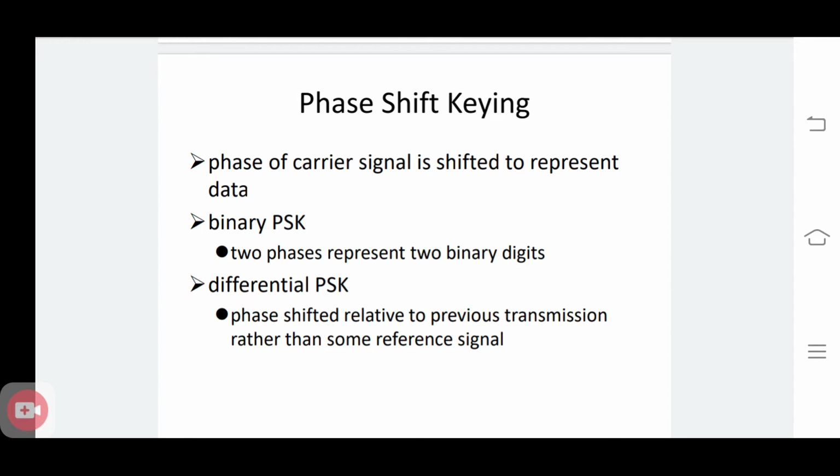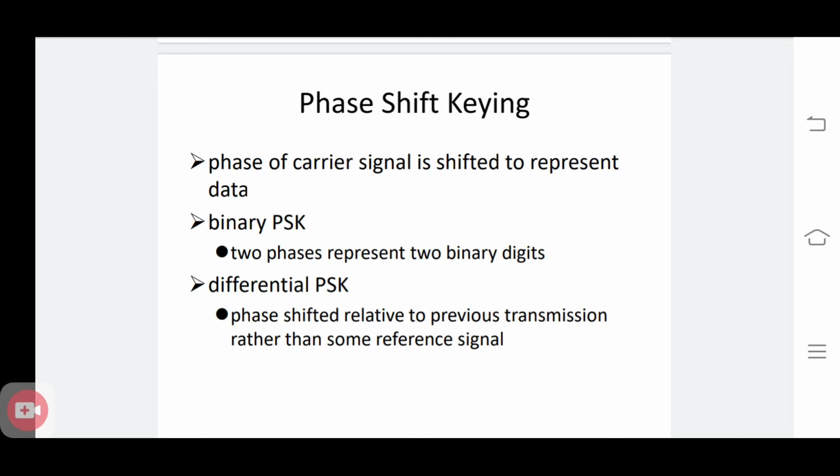So in binary PSK, we are using two different phases for representing two binary digits. In differential PSK, we are using a phase shift mechanism for representing the binary digits, but this phase shift is relative to the previous transmission.